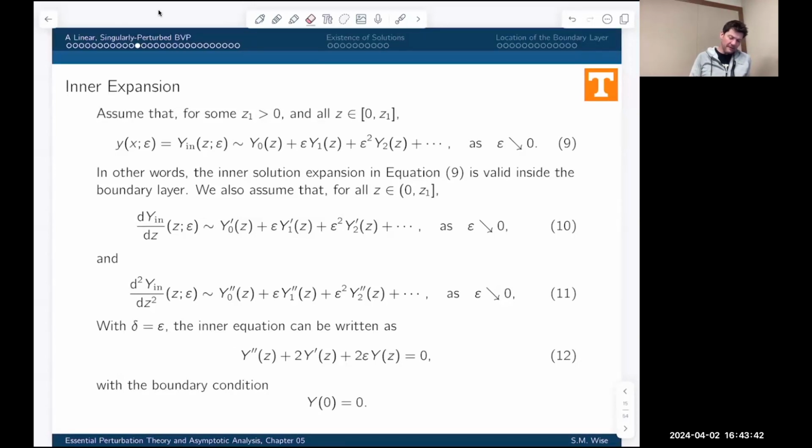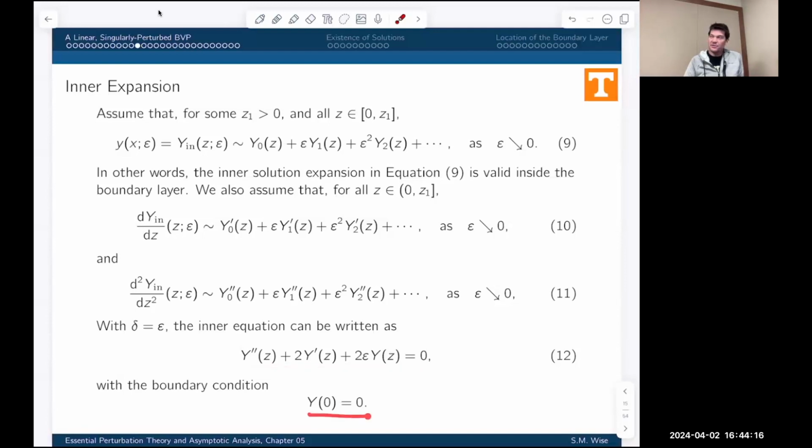Okay, so I have these asymptotic power series expansions, which are now going to be valid for this regularly perturbed problem, and I'm going to dump them in, and I'm going to do my term by term manipulation as before. This time I only have one boundary condition, and that's the boundary condition on the left. This is a problem, though, that you might see right away. The problem is this is a second order linear ODE.